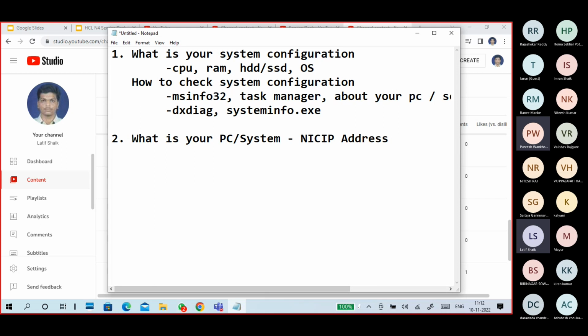So what does your IP address mean? You, as a person, as a human, don't have any IP address. You have a device, your laptop or desktop or mobile phone. Whatever you call it, system, PC or device, the IP address belongs to its NIC or LAN card or Wi-Fi adapter.